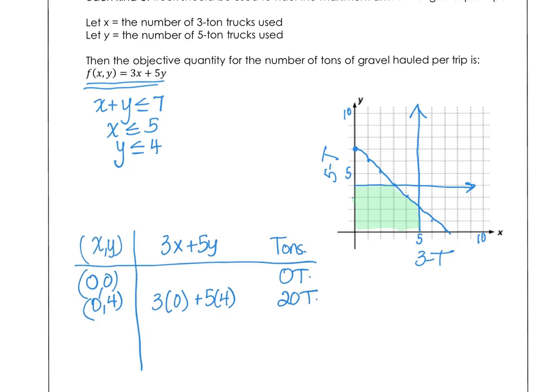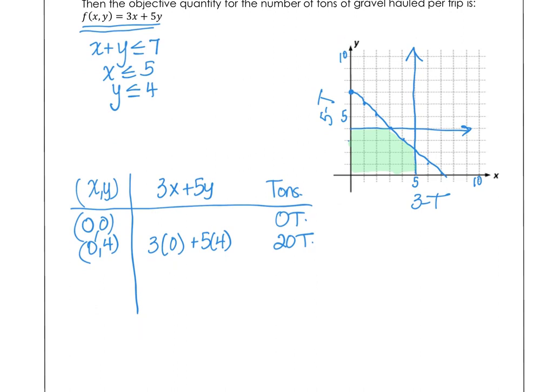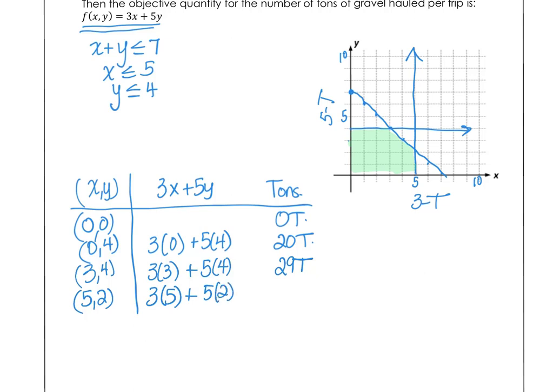The next vertex is 3, 4, and 3, 4 is going to give us 3 times 3, that's 9, and 5 times 4 is 20, so we can tow 29 tons. The vertex at 5, 2 is 3 times 5, that's 15, and 5 times 2, that's 10, so 25 tons.